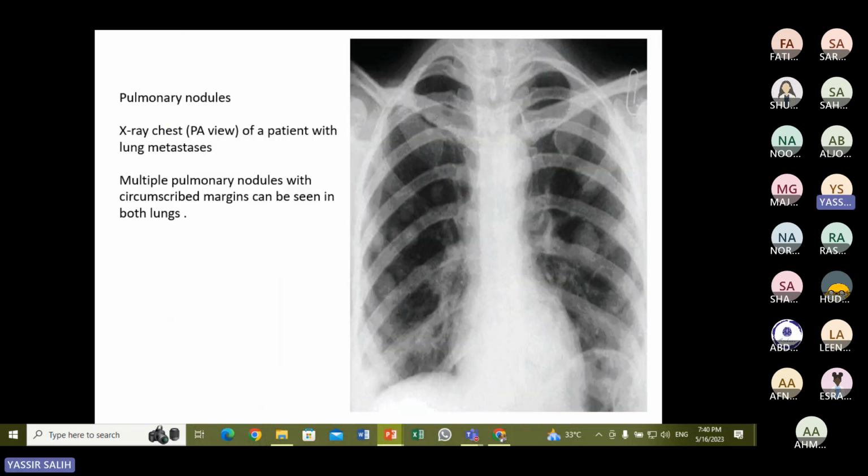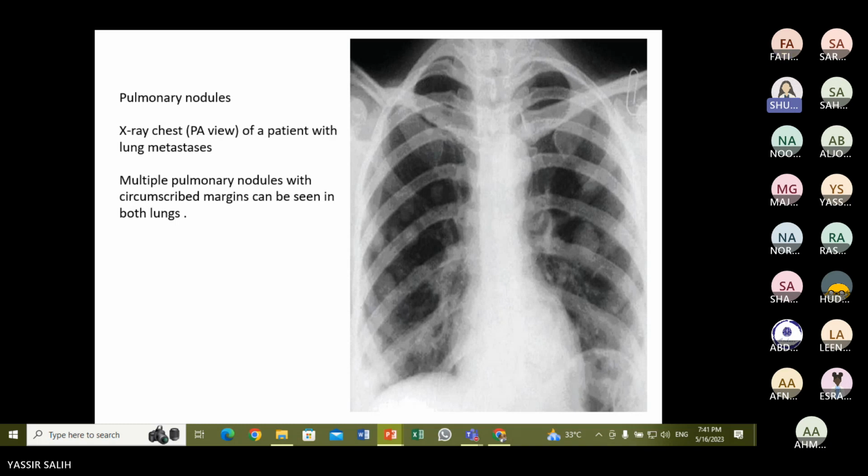Okay, what are the differential diagnoses of an anterior mediastinal mass on CT or on chest X-ray? If we have a chest X-ray or CT demonstrating an anterior mediastinal mass, what are the possibilities, the causes? The 5 Ts.